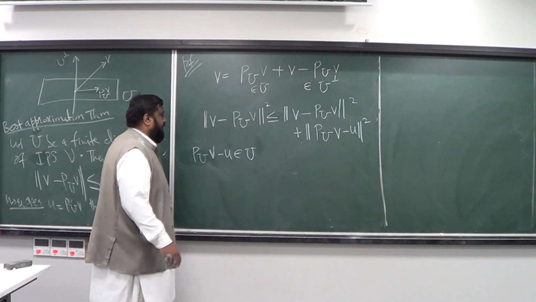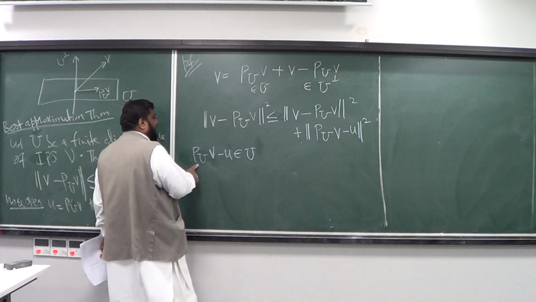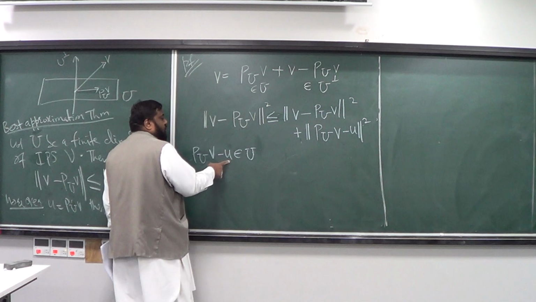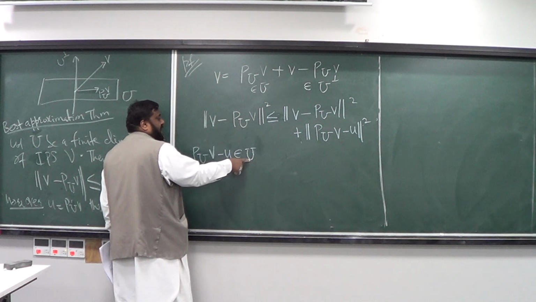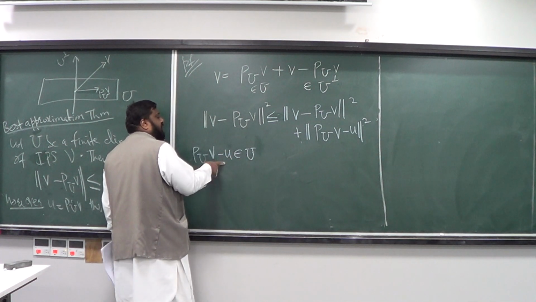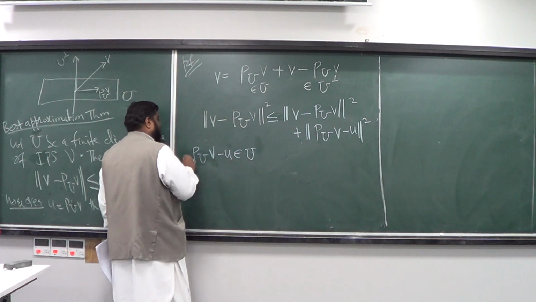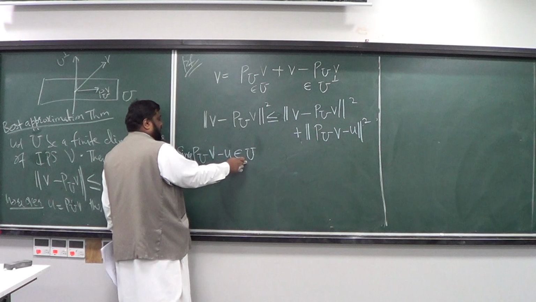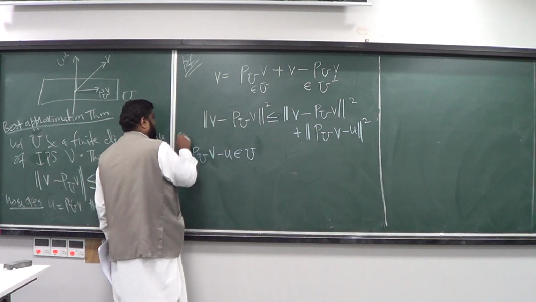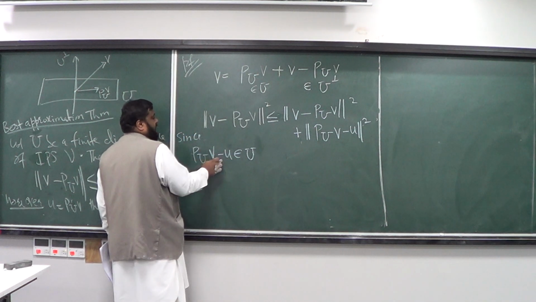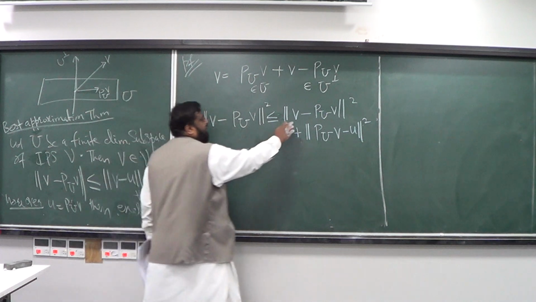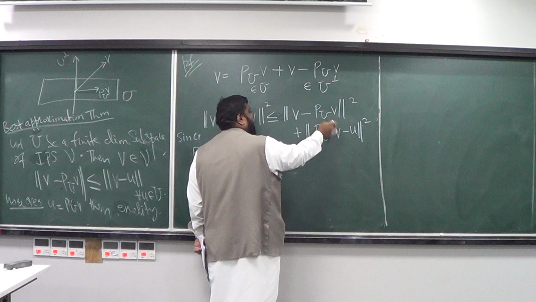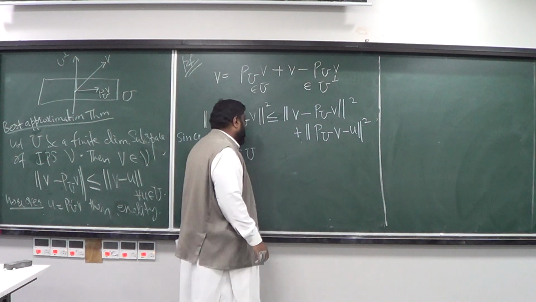It is pretty much obvious. P_U V is a vector in U, and U is a vector in U, so their difference is also going to be a vector in U. Since this is a vector in U, and V minus P_U V is a vector in U perp, these two vectors must be orthogonal to each other.